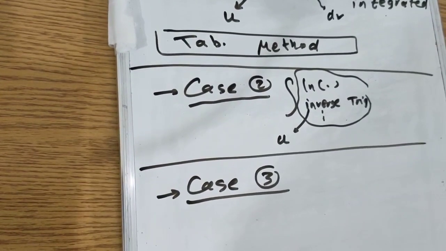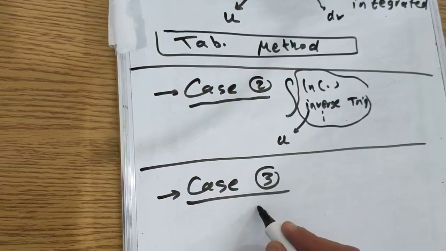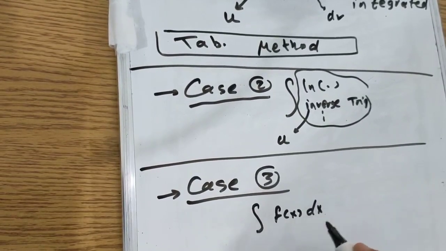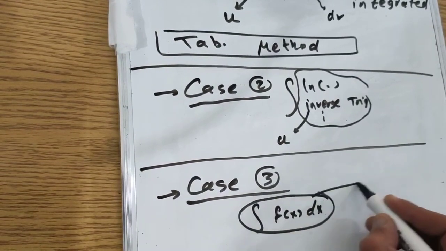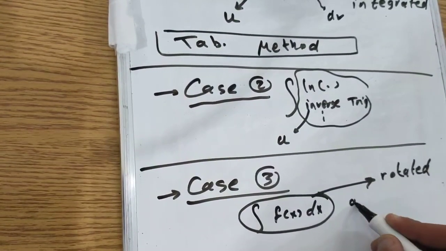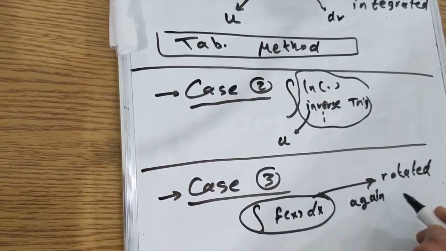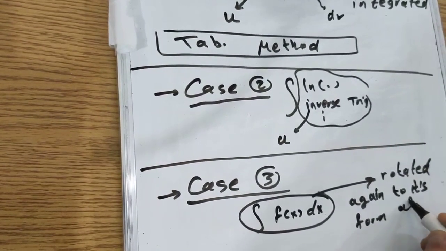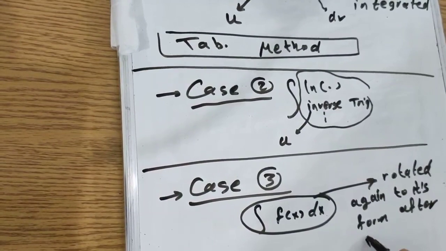we think about integration by part if we have a certain integration of a certain function, and this integration can be rotated again to its form after applying integration by part.